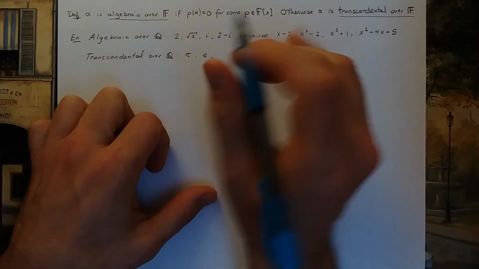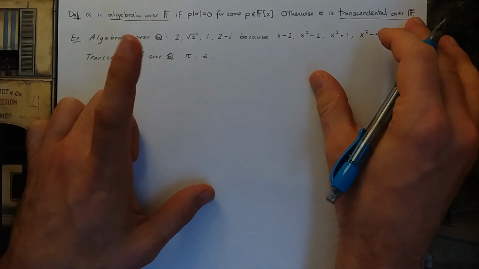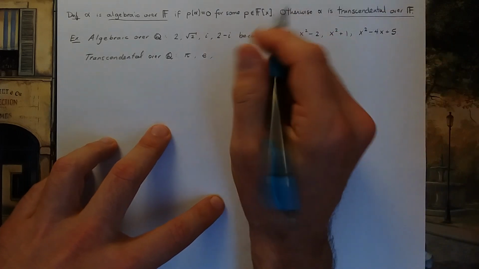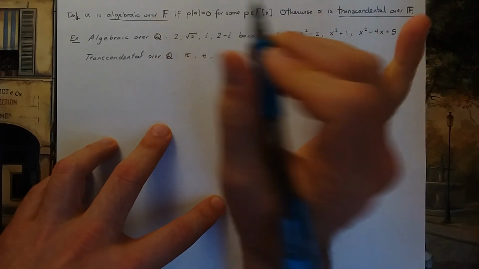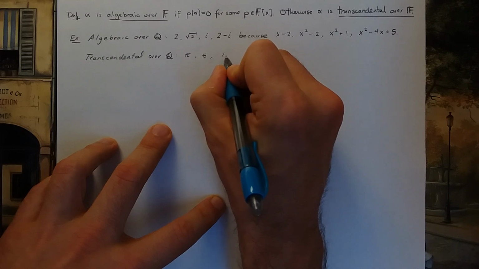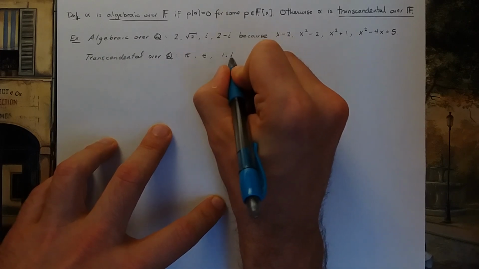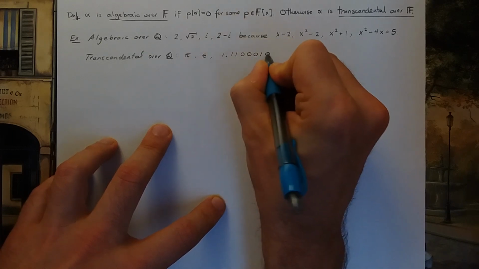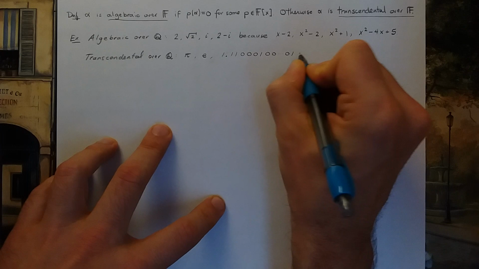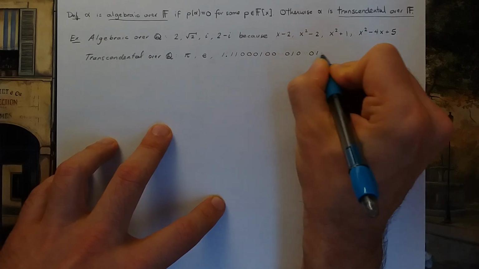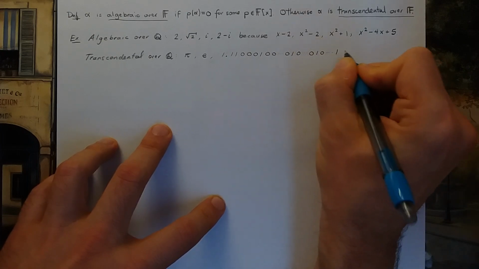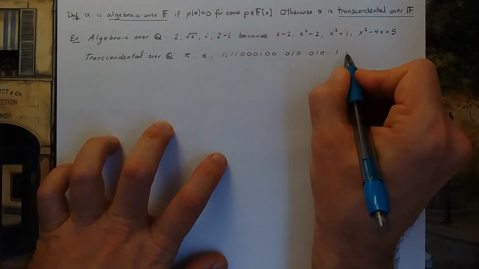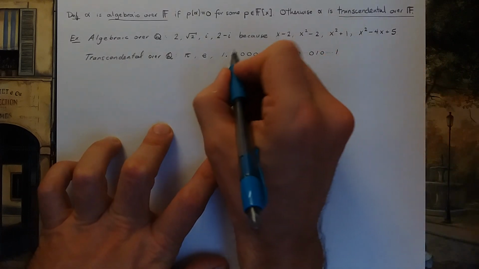I think I'll end my examples of transcendental numbers with one more transcendental number. Actually, the first number that was ever proven to be transcendental is this one. You can have a decimal expansion which begins with 0.11000100, and I'm going to put a bunch of zeros and a 1, a bunch of zeros and a 1. The positions of the ones are in the decimal places that correspond to the factorial numbers.